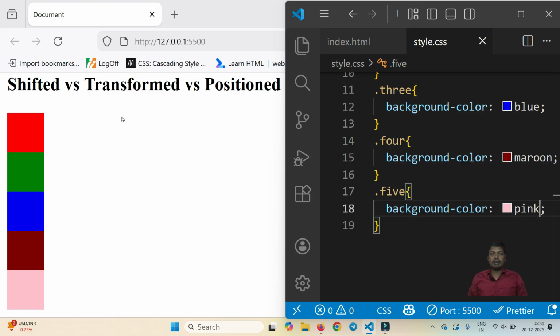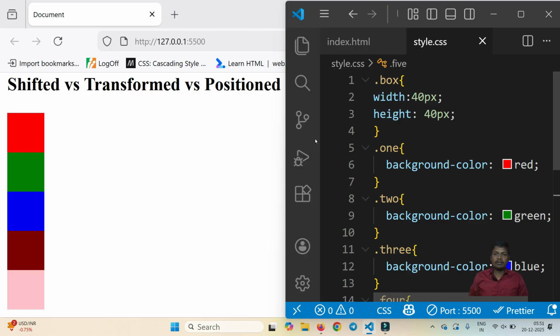And by using some CSS properties, some elements may look like they are overlapping each other, but it is not real overlapping. This we are going to learn in this class. Okay. First element is red, second is green, third is blue, fourth is maroon, fifth is pink.